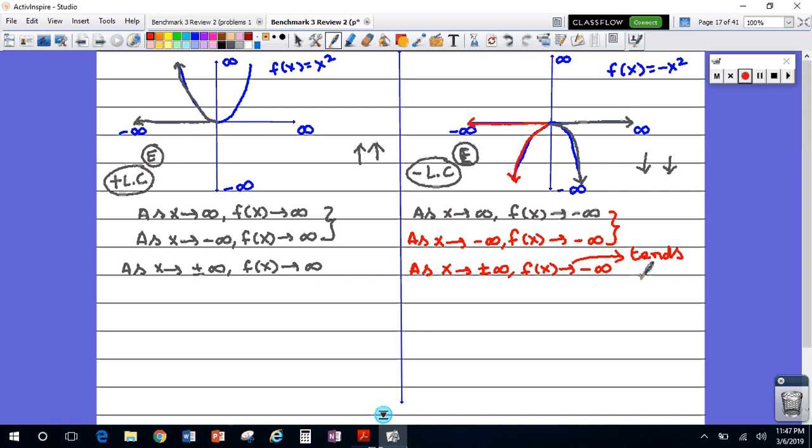Tends means approaching. It means if x is approaching positive infinity or negative infinity, then your f of x approaches negative infinity.